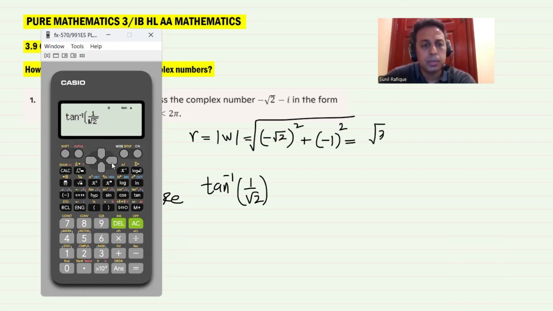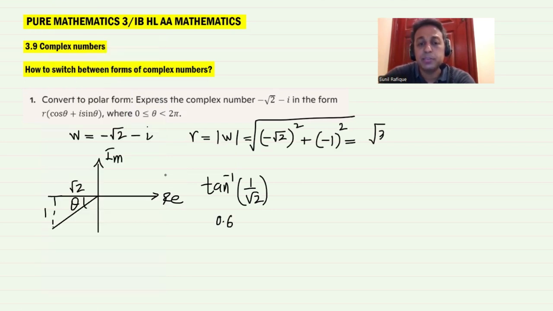So this is going to be, it's taking some time. Okay. 0.615479 and so on. Let's take, for simplicity's sake, 4 significant figures. So 0.6155.